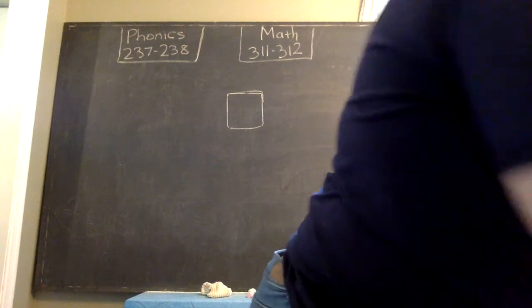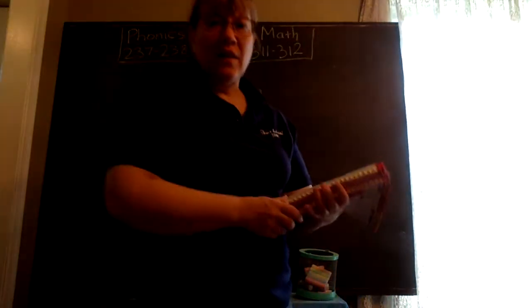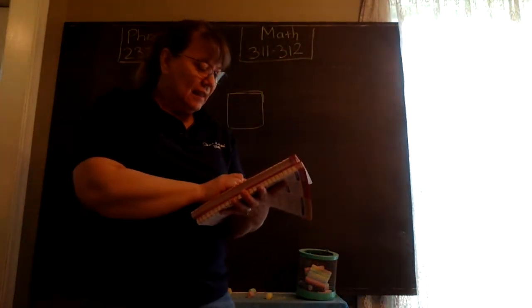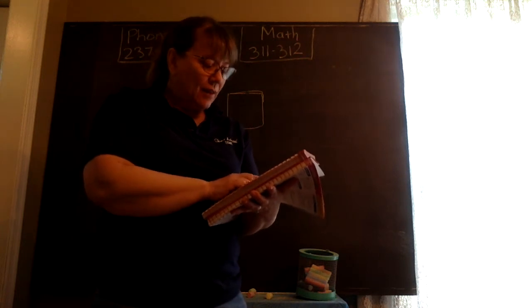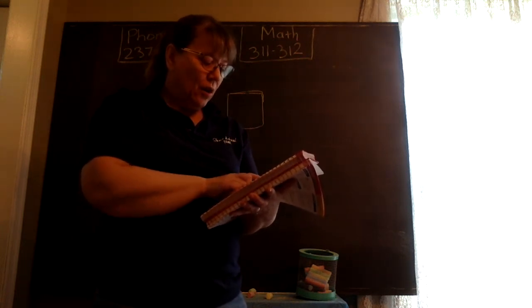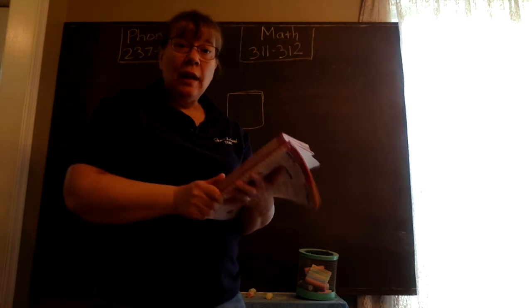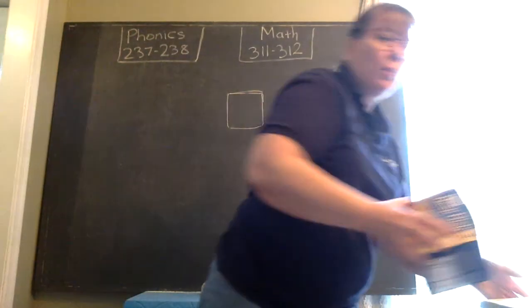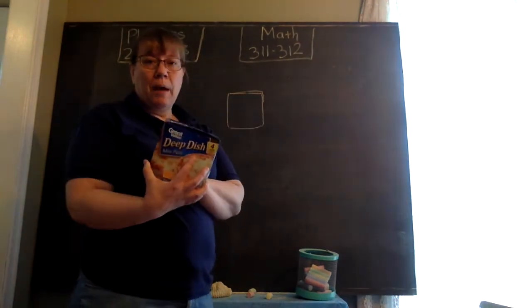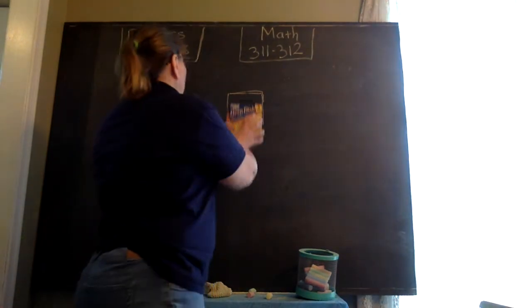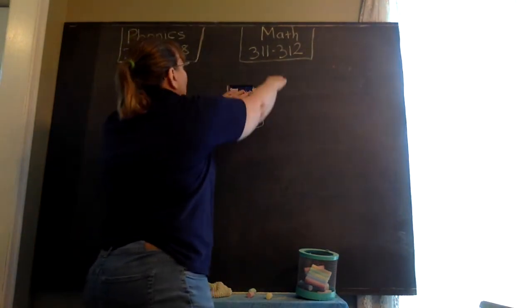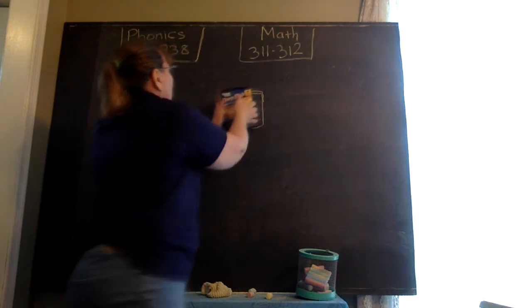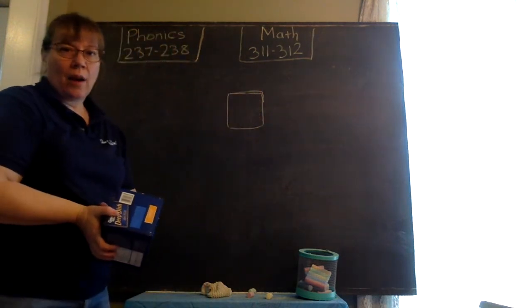So let's look at our paper. And at the top, it says, let's learn. The flat surfaces of a solid figure are shaped like plane figures. And we just talked about that. An example would be if I put my box up here for my cube and I traced around it, I would have a square.